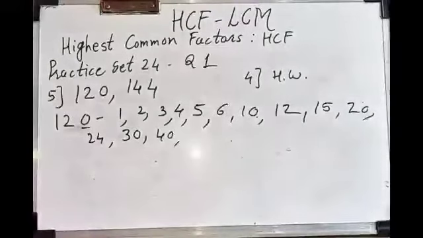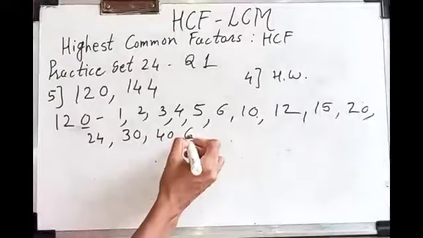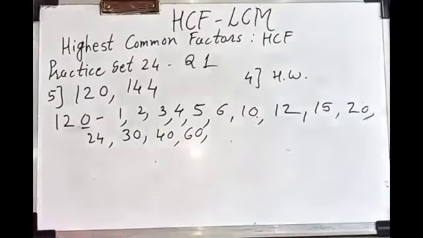Always write the factors in ascending order, okay? 20 will also come, 24, then 30, 40, then 10, 12 will come. Yes, already we have written. And then I think half of this, 60 will come. Then after 40, 50 will not come, no?